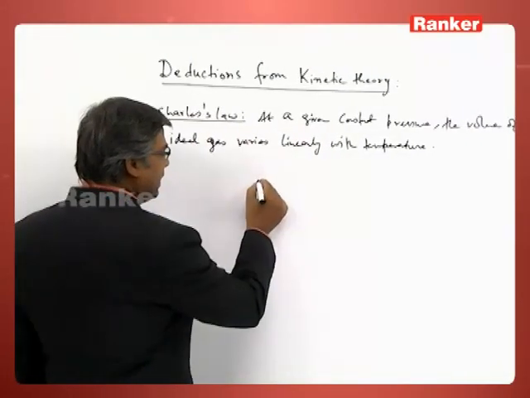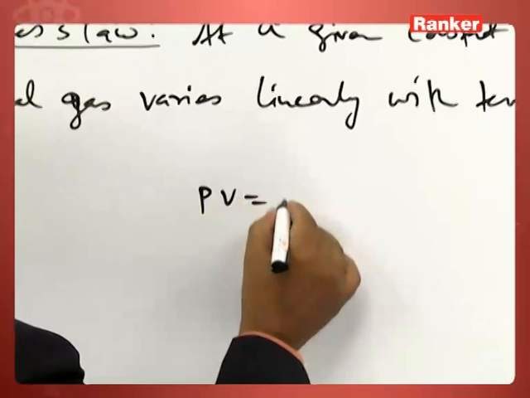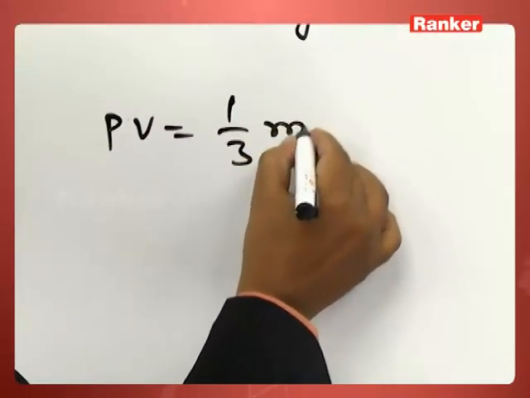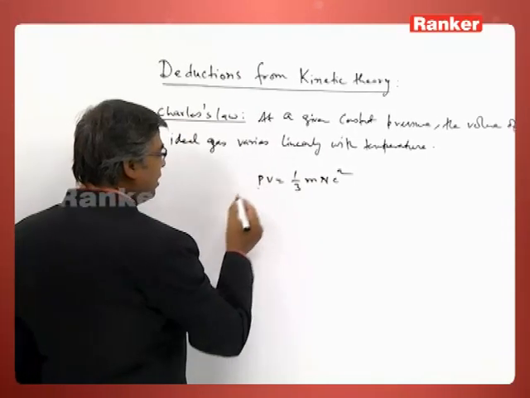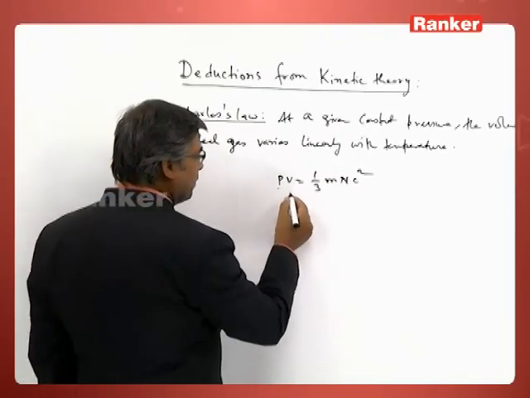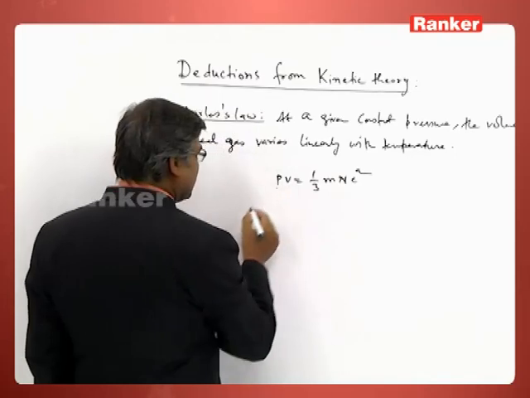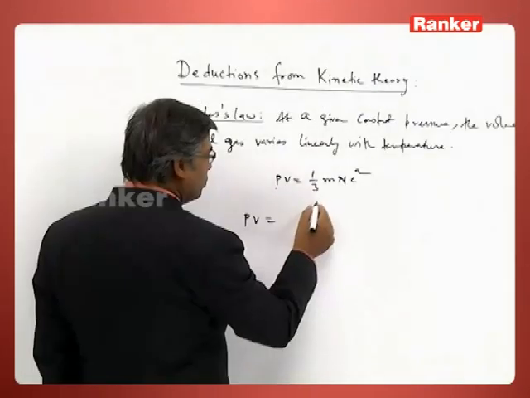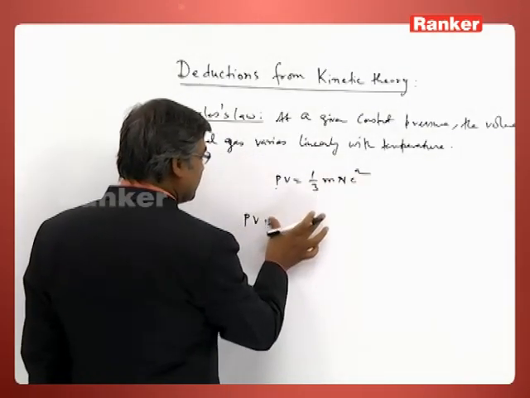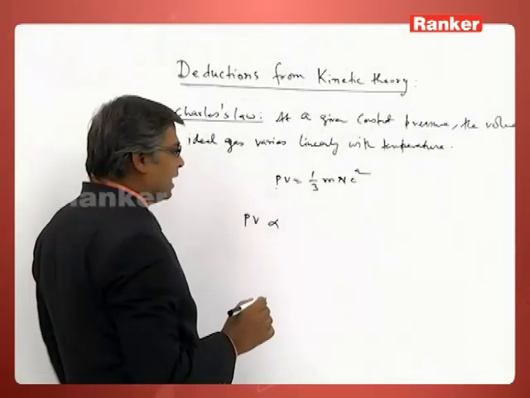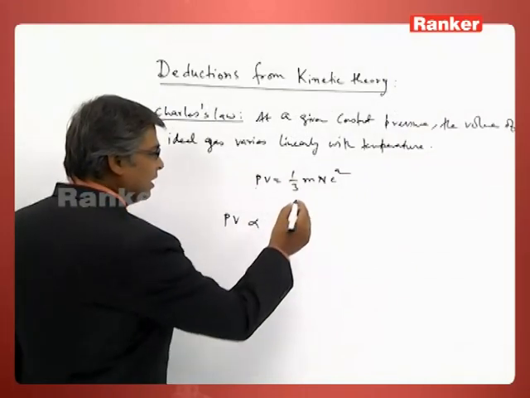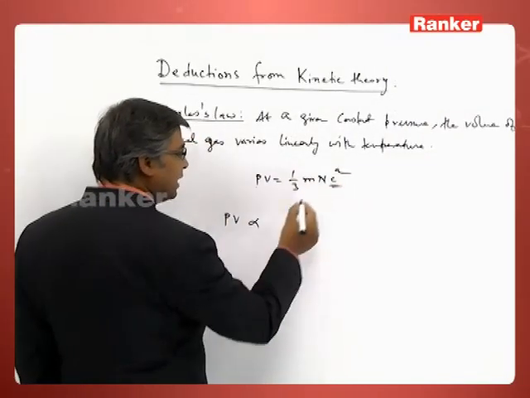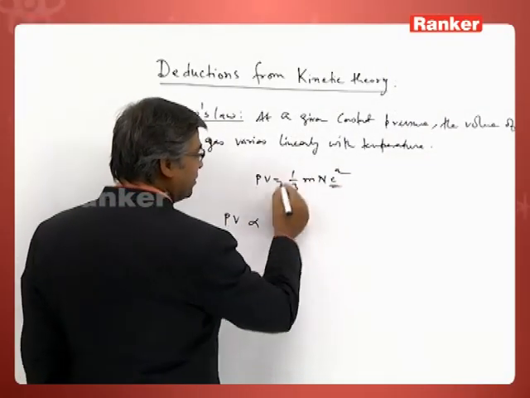Now again from kinetic theory, let us see PV is equal to 1 by 3 mn c square. Now pressure is constant, so PV is equal to, now let us see that this term, that is the energy related, this c is related with the temperature.